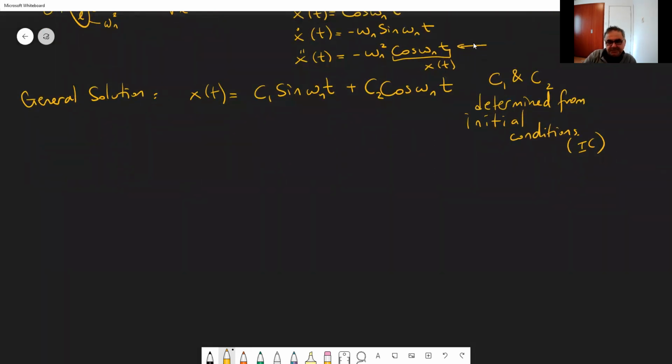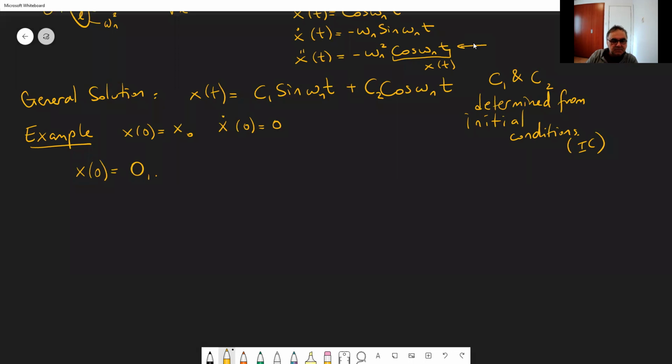For example, let's look at an initial conditions example. Let's say that our initial conditions are as follows. X of 0 is x0, x dot of 0 is 0. In that case, we just substitute t equals 0 here.